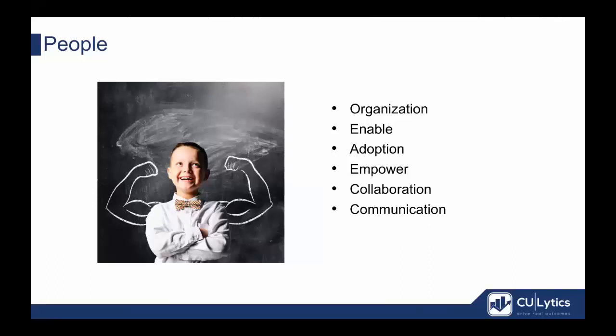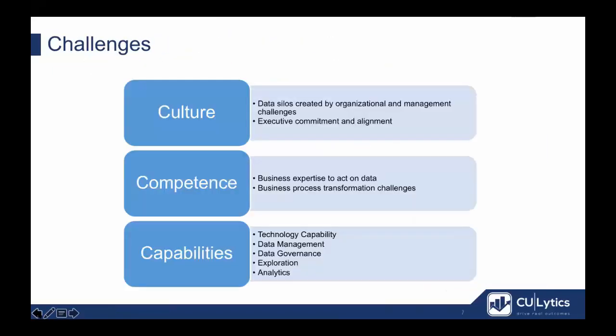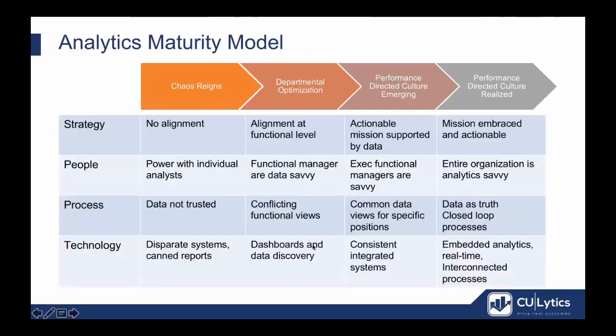And therefore, the overall journey for them to move from stage one of the maturity, which is the chaos, to a more mature state is faster.